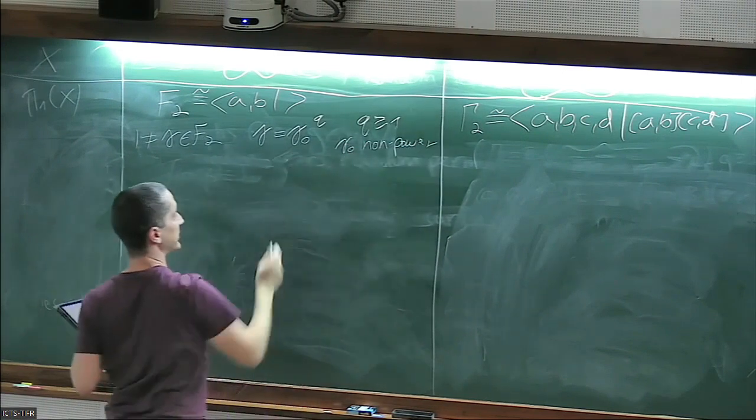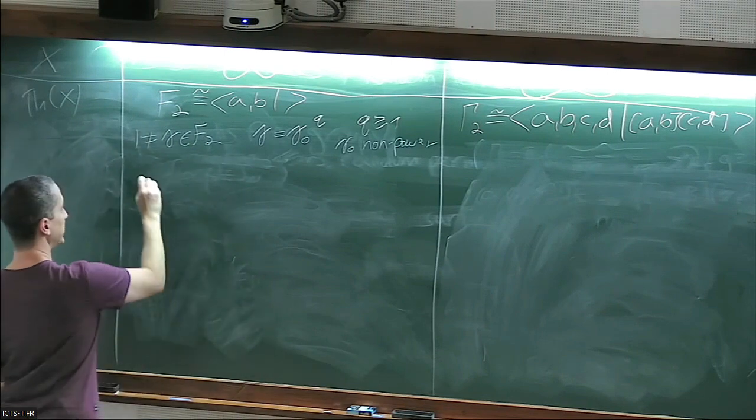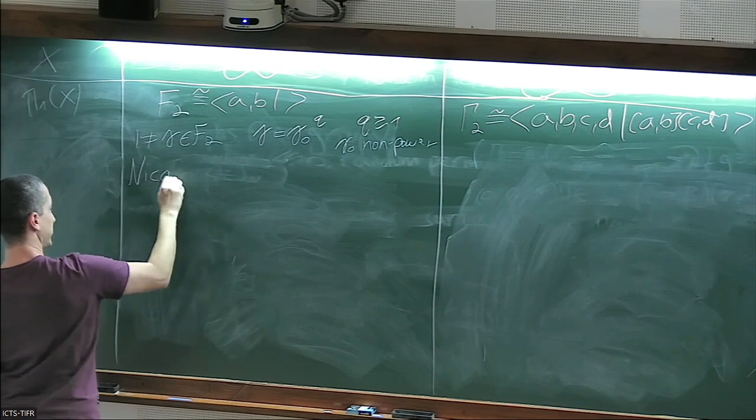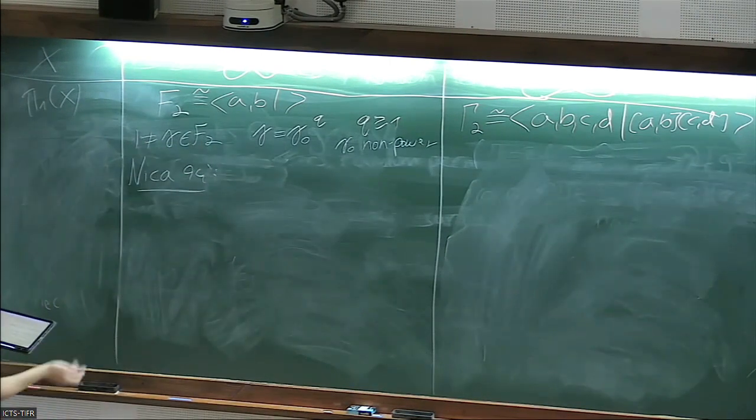So I want to write it as a power of a non-power. And this is the result of Alexandru Nica from 1994. He is the free probabilist I mentioned before.